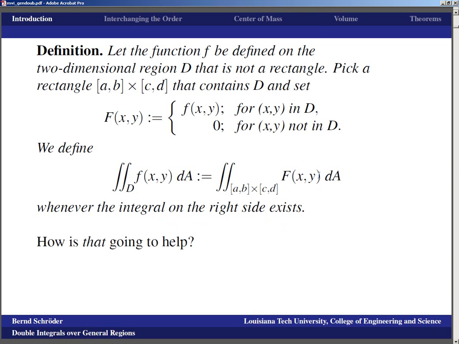Because this is a purely formal definition, and certainly there is a pretty deep theory behind the whole thing that must be respected, that tells us that it makes sense that we should do that, not to mention that it tells you a standard technique to model all sorts of objects, which is we simply set whatever function we have equal to 0 outside the object. We still need to figure out how to compute those integrals.